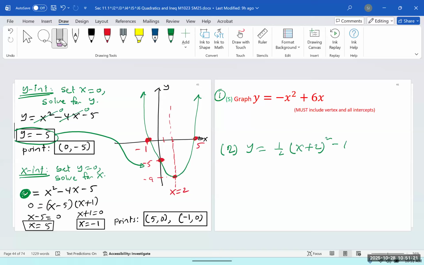Sorry, Justin. We have to graph it. If you have all the information, graphing is not bad. Graphing is not hard, right? You don't have to draw 1, 2, 3, 4. Just guess numbers and then just plot it.